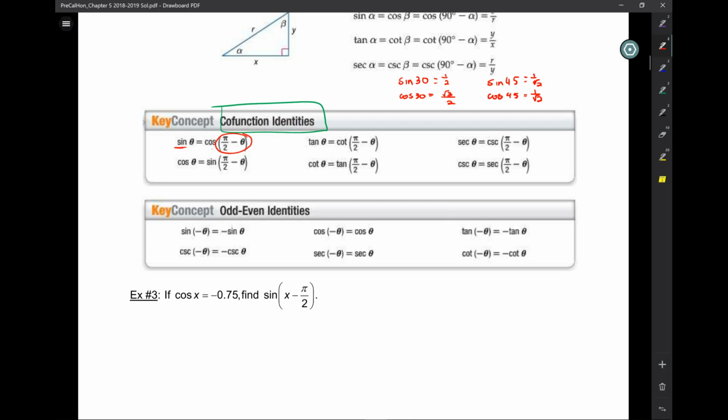Hang on, we're not going to memorize these, because then you're like, oh my God, was it theta minus pi over 2? No, it was pi over 2. We're going to know that this is the complement, and the complement is always 90 minus, always pi over 2 minus. We don't memorize, we learn, we understand.